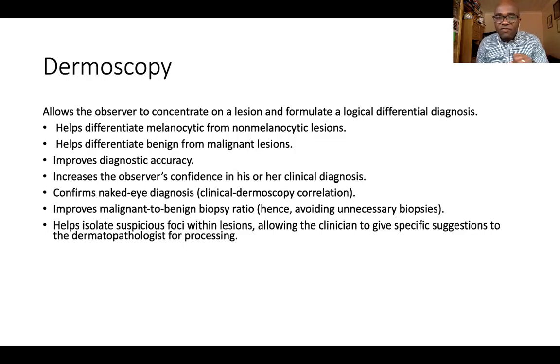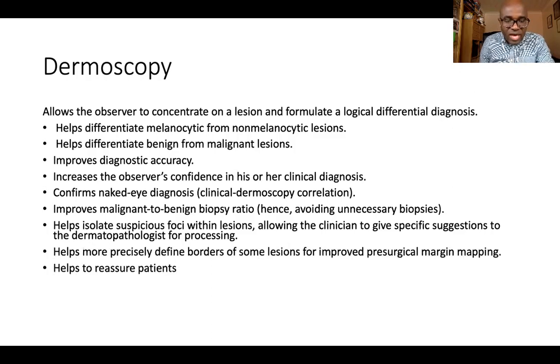Then you can have an isolated focus within the lesion, where you can make a specific suggestion based on what you see on dermoscopy, which the pathologist may appreciate, especially when you have lesions on the face that might be very large with one focal area that is a little bit darker.